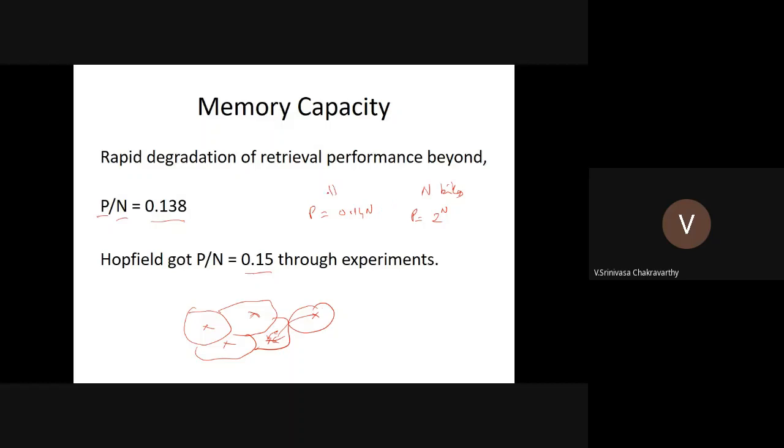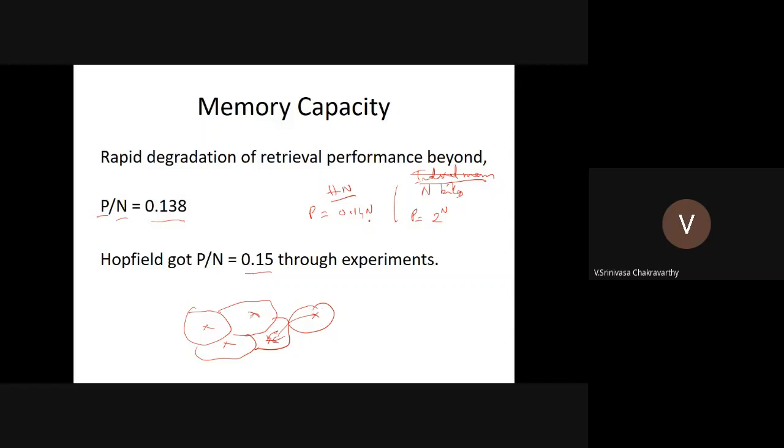This is for the Hopfield network, and the other is for computer memory, which is index memory. With index memory, if you have n bits, you can have a total of p equal to 2 power n patterns. In the Hopfield network, if you have n bits or n neurons, you can only store about 0.14 n patterns. So if you have a 100 neuron network, you can only store 14 patterns, which is terribly low.